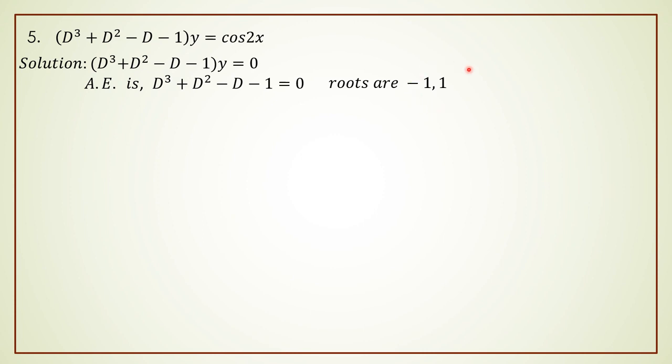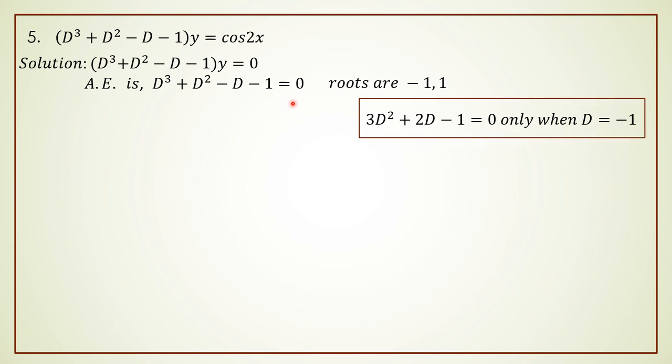Now to check which root is repeating, what you have to do? You have to differentiate this auxiliary equation and substitute the value. The differentiation of the auxiliary equation is 3D square plus 2D minus 1, and substitute the value D is equal to minus 1. Only when you substitute D is equal to minus 1, it will satisfy the equation, that means it will be equal to 0.